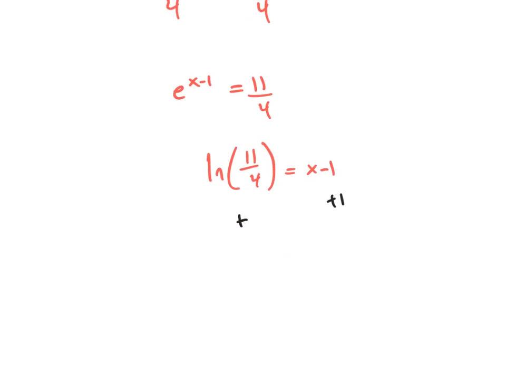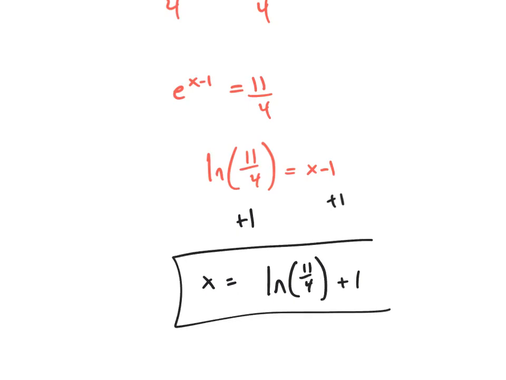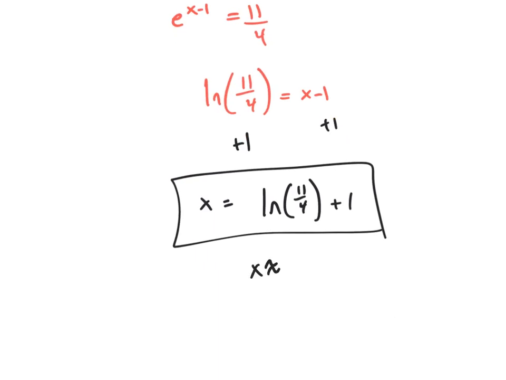We could add 1 onto both sides to get that x is equal to the natural log of 11/4 plus 1. And you could type that in on your calculator to get the decimal approximation. It would be 2.01.